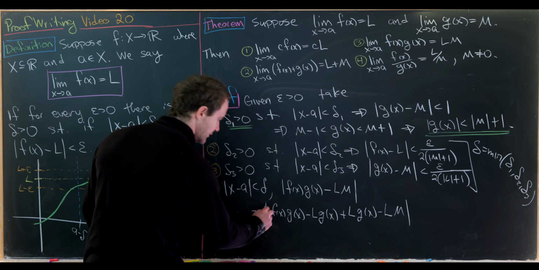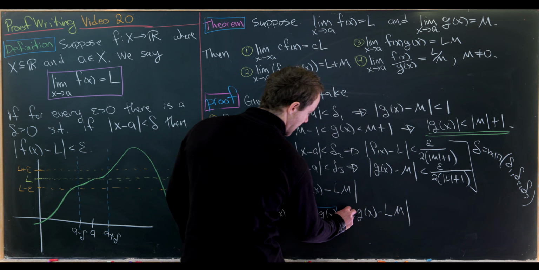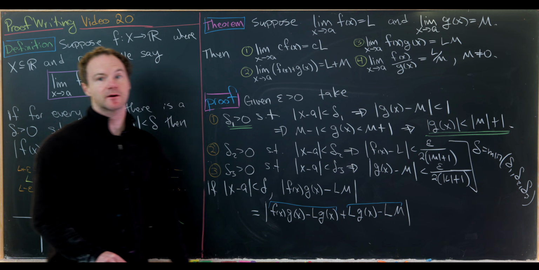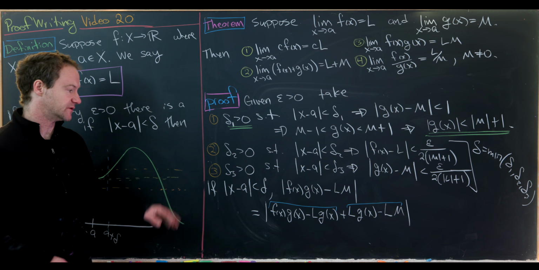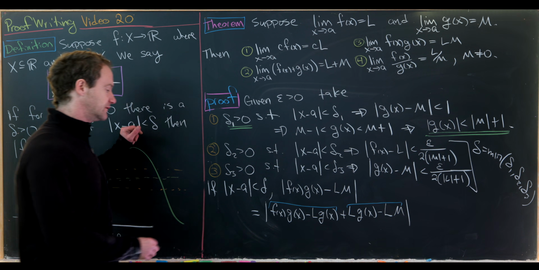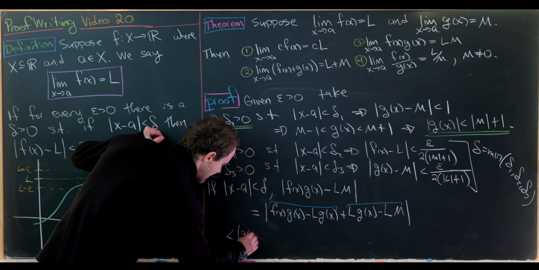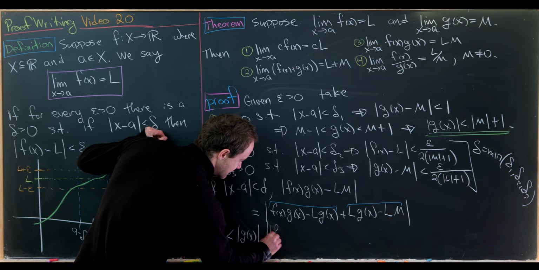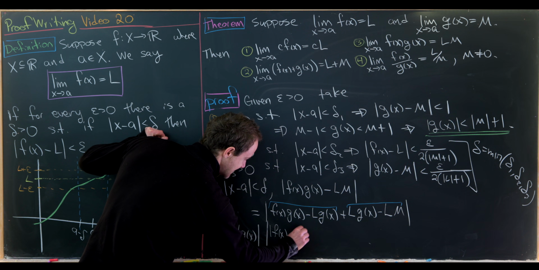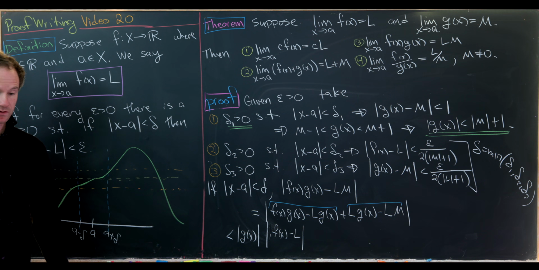But now we can see that we've got a common g of x factor here, and we have a common l factor here. Then we can use the triangle inequality to take those into 2 absolute values. So that's going to say that this is less than the absolute value of g of x times the absolute value of f of x minus l, which is left over after pulling that g of x out.